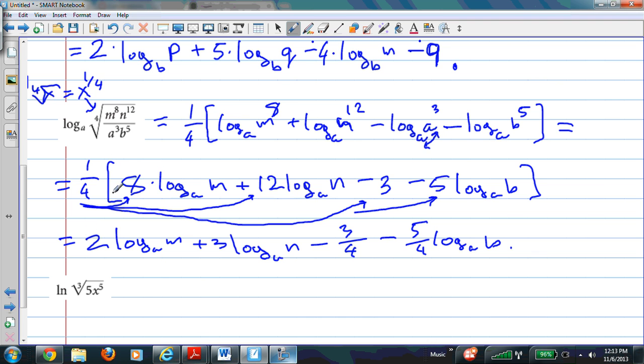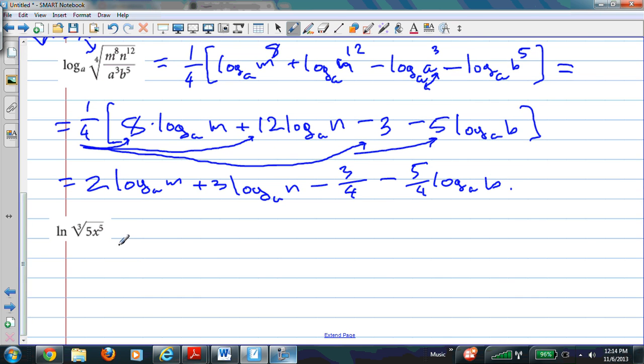Okay, but again, the main thing was to recognize the fourth root as an exponent, 1/4. So 1/4 came down as a power, and then we'll break down the fraction. Everything in the numerator ends up positive, everything in the denominator ends up with a negative.